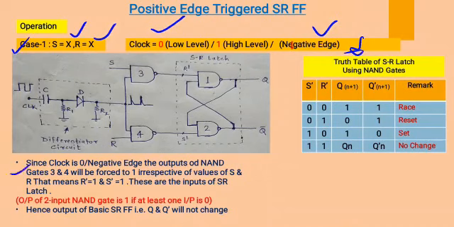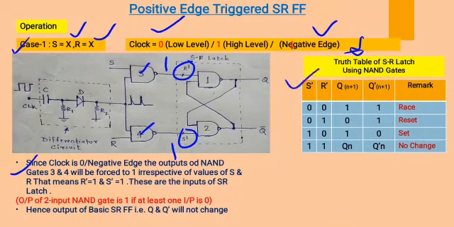So if clock is 0 or negative edge, then the output of NAND gates 3 and 4 will be forced to 1, irrespective of values of S and R. That means R dash and S dash will become 1, which are the inputs of the SR latch.